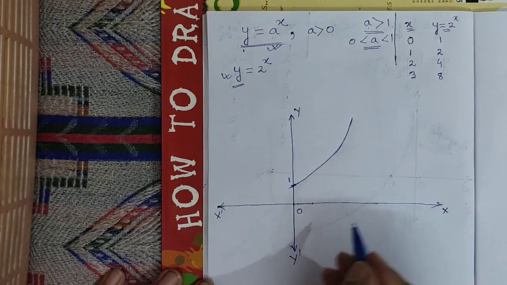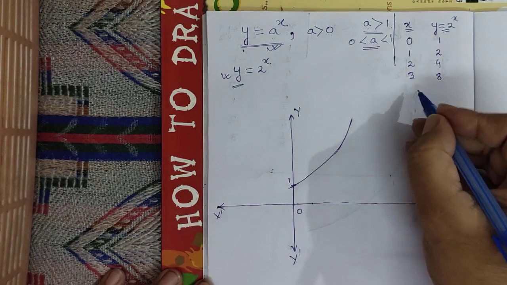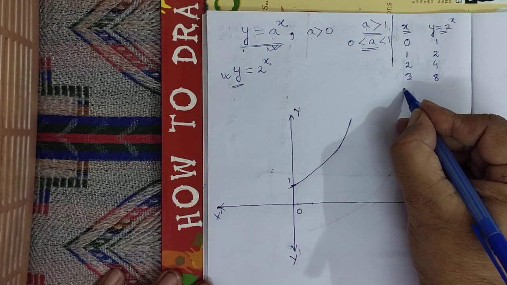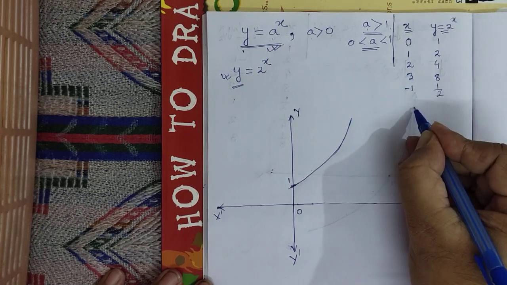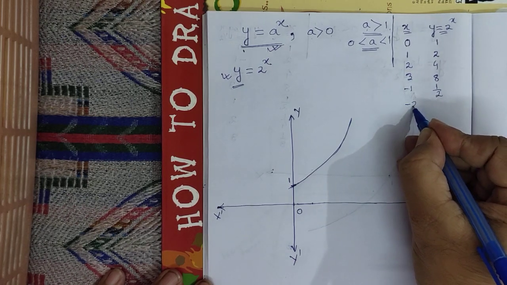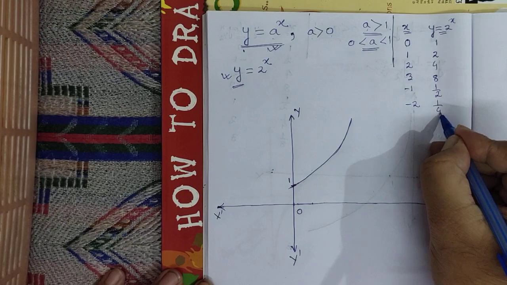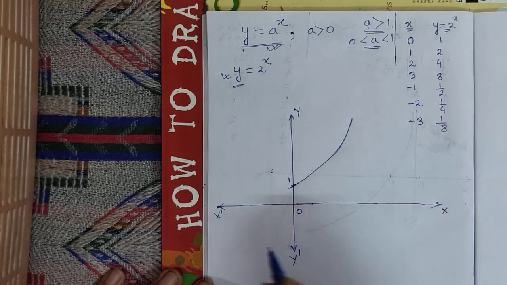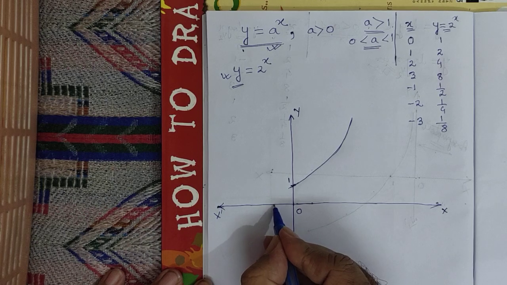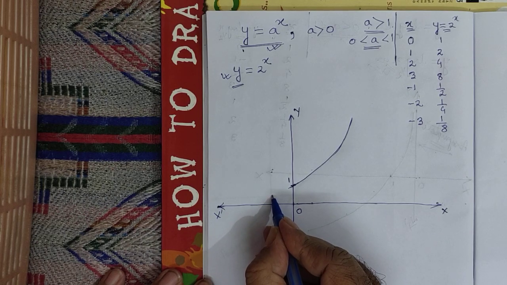Now I'll be taking values less than 0, that is, negative values. Say I have taken minus 1, you would get 1 by 2. The moment you take minus 2, you would get 1 by 4. You take minus 3, you would get 1 by 8. See, the moment I take minus 1, you get a value somewhere here.